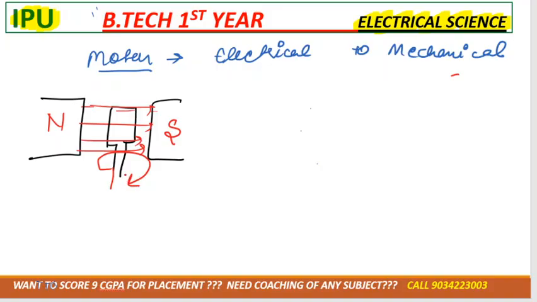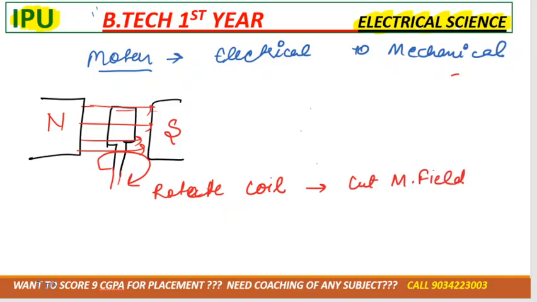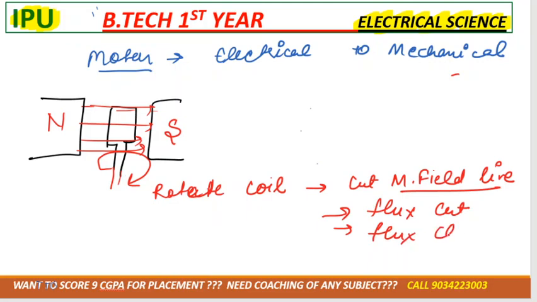I am repeating, if we rotate this coil, then it cuts magnetic field lines, right? And if magnetic field lines are cut, then flux will change.